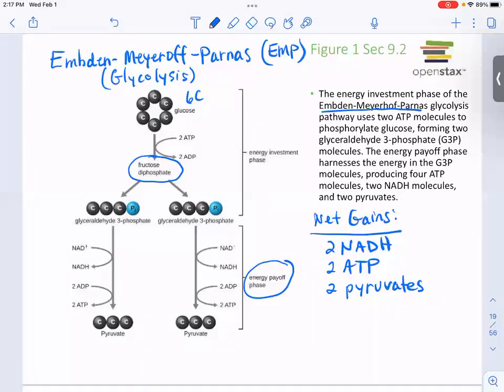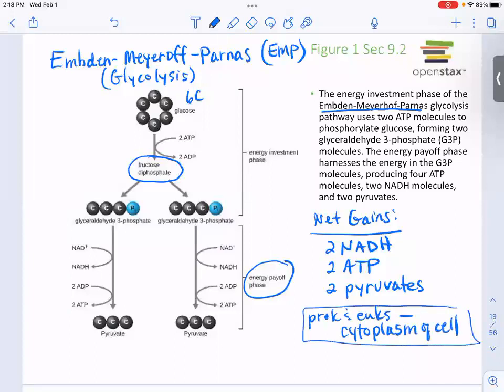Where is this taking place in the cell? Cytoplasm. For both prokaryotes and eukaryotes, that's going to be in the cytoplasm of the cell. And who is doing glycolysis?